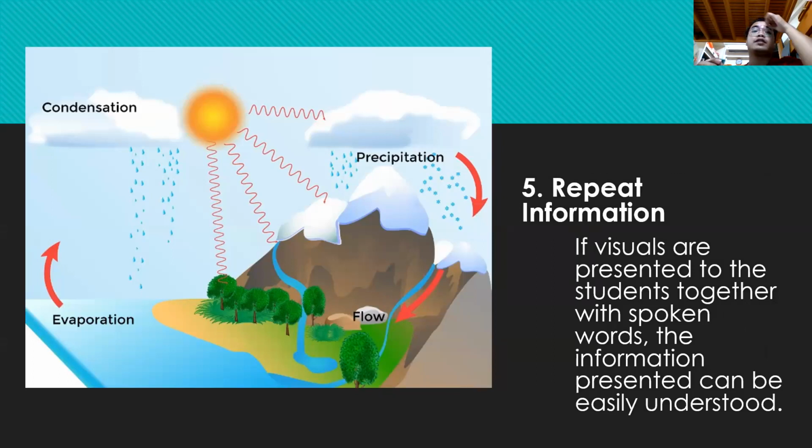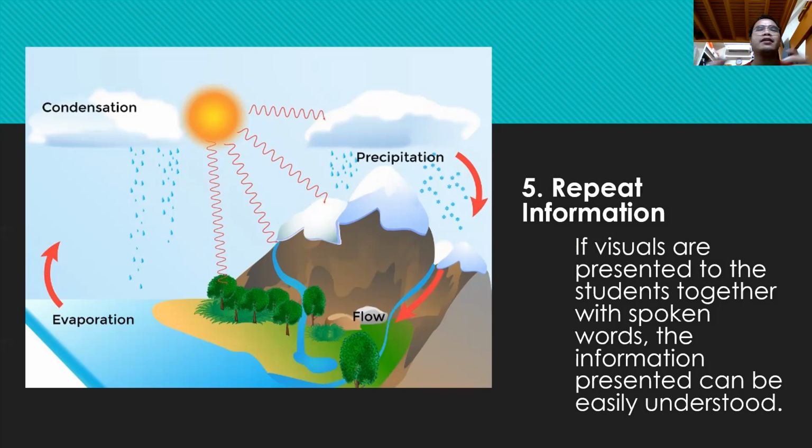Say for example, this water cycle, okay, the evaporation, the condensation, and when the vapor on air gets cooled, gets to a place where there is a cooler temperature, it can go down. So yung air or gas will be transformed into water through precipitation. Yun.